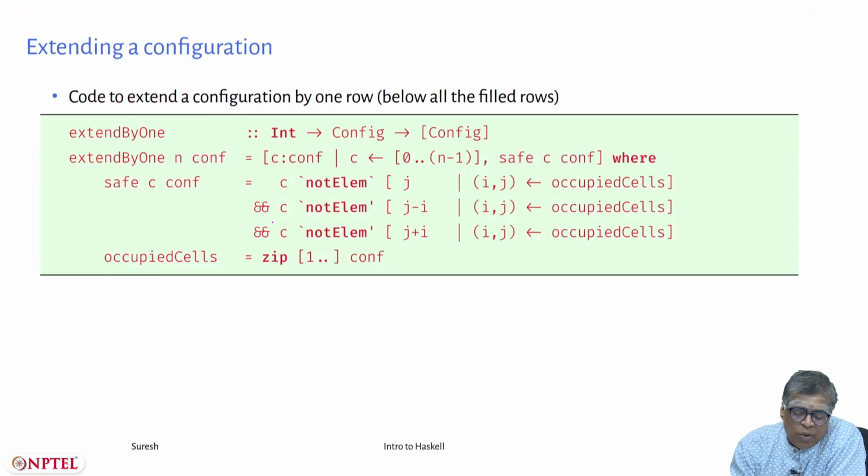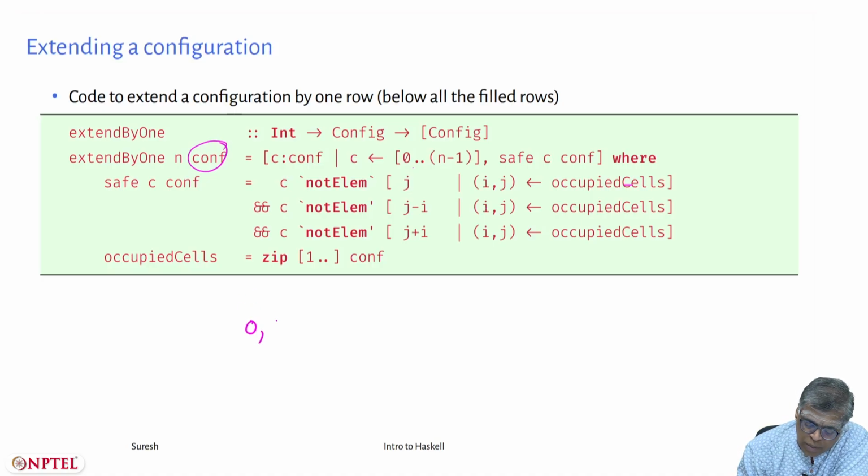Okay. So, extend by 1 of conf is just c colon conf, where c comes from 0 to n minus 1, and it is safe to add c to the conf, where safe just means c is not an element of j such that ij is in occupied cells, c is not an element of j minus i, such that, so remember I am having 0 comma c.